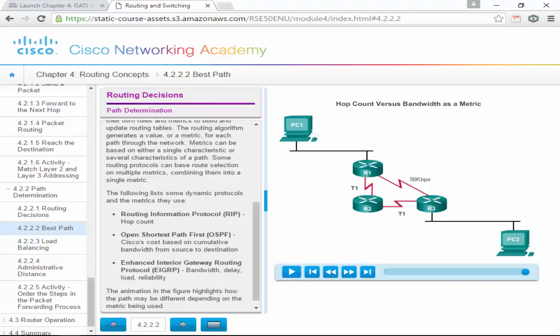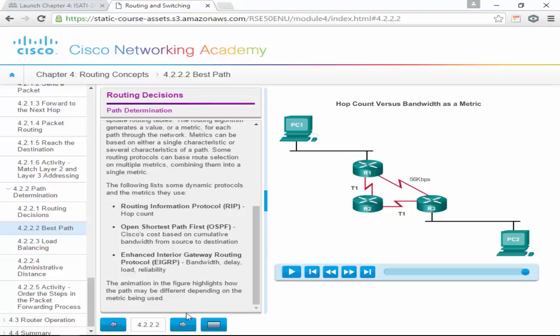By default, it only does bandwidth and delay, and it actually has a fifth K value. There's a third K, but I cannot think of what it is right now. Anyways, we will study that when we study EIGRP, and you guys won't study that until CCNA 3. So I'll tell you about that then.